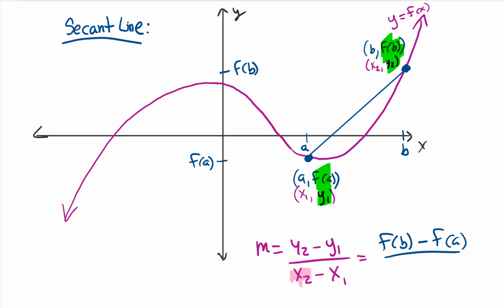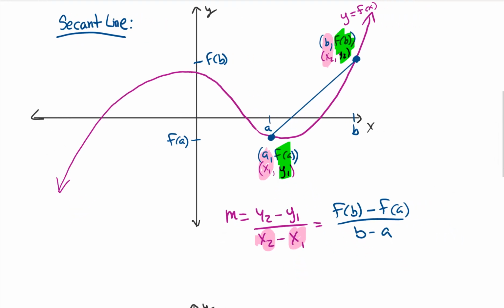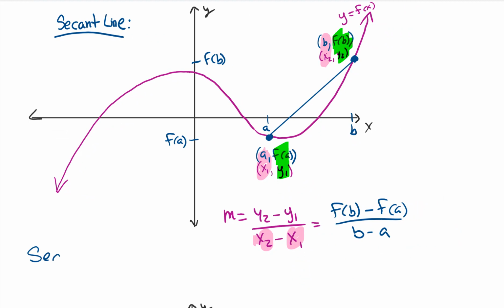Where's our x2? x2's up here, and that's just b, so we'll plug in b minus, and then we've got to go find that x1, and that x1's right there, that's a. All right, cool. So that's the slope of the secant line. It just connects two points together, right? There's a curve. We're actually looking at a curve here. But to connect it, it's called the secant line. So let's write this in. Our secant line has a slope.